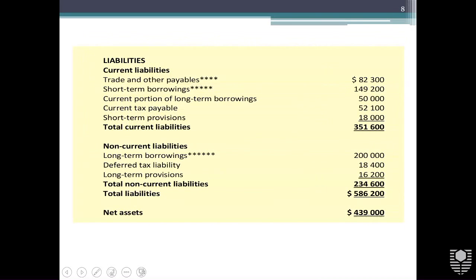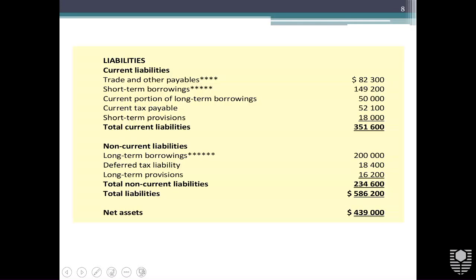So we've got the $149,200. Now, the current portion of your long-term borrowings. Remember before we had long-term borrowings of $250,000, of which item E said $50,000 was due in March.